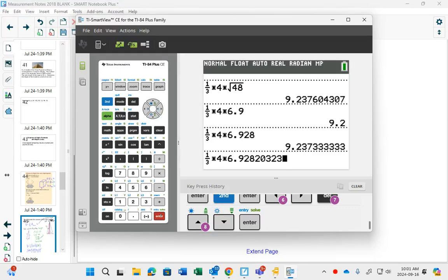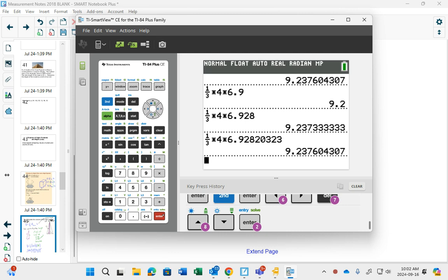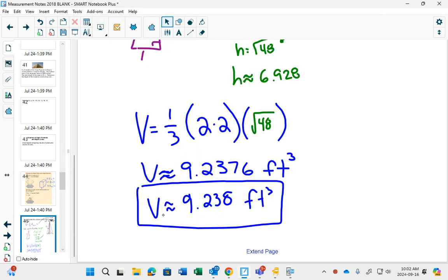And not only does it type it in up to 3, it also types in, although you don't see it, probably another 8 numbers. And then when you push enter, look how your number matches up perfectly with the exact answer. Okay? But I would encourage you to use exact numbers right until the end.